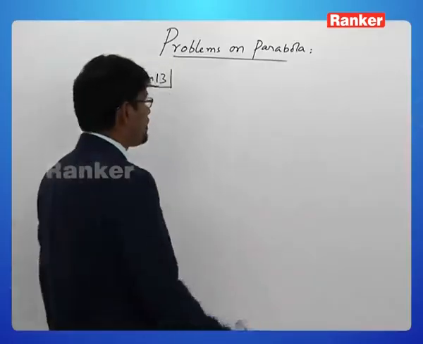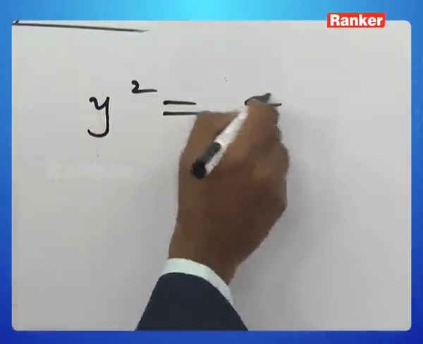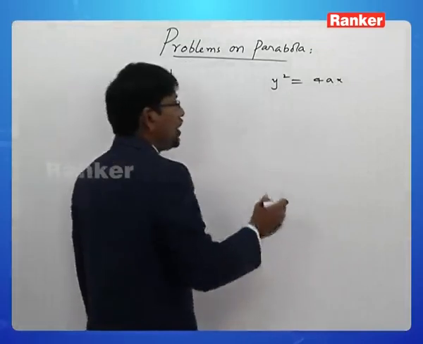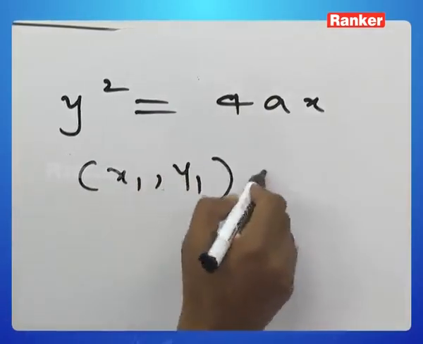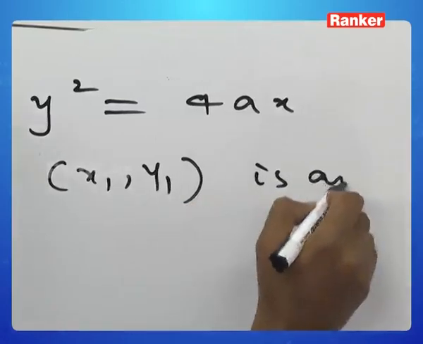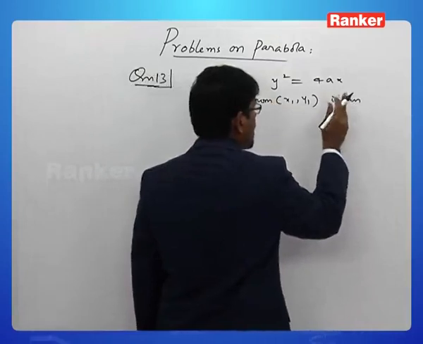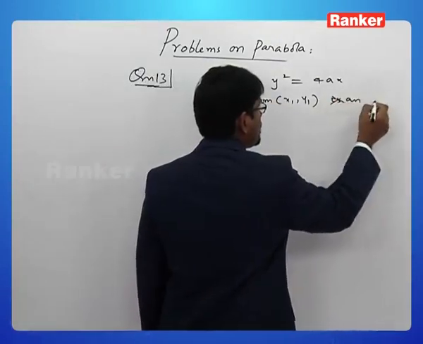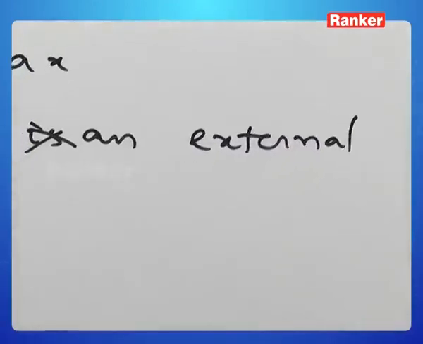Now look here. For the parabola y square equal to 4ax, if (x1, y1) is an external point, from (x1, y1) two tangents can be drawn.